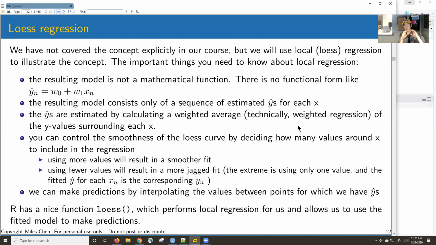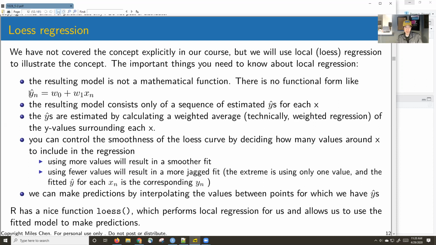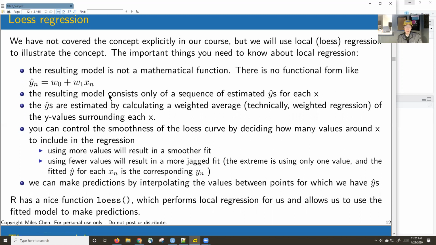What you can do is put higher weights on the values that are close. If you have some value right here and other points over here and over here, you put higher weights on the values close to your prediction point, and as you get farther away, you decrease the weights. One important thing to know about local regression is that you don't get a y-hat function, you just get predicted values, done by averaging and interpolating the nearby values.